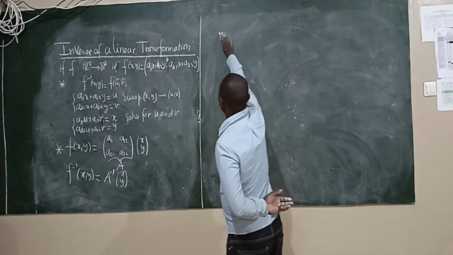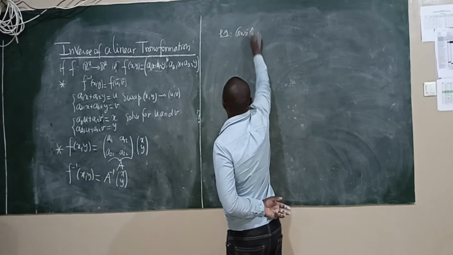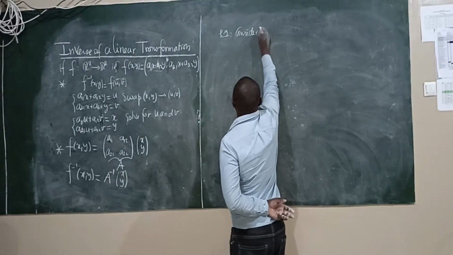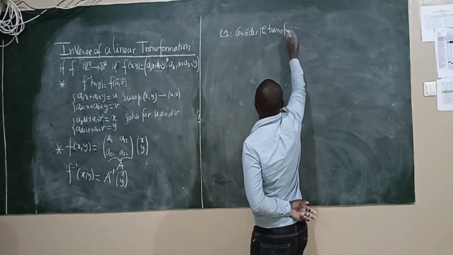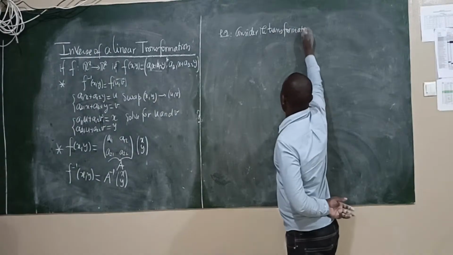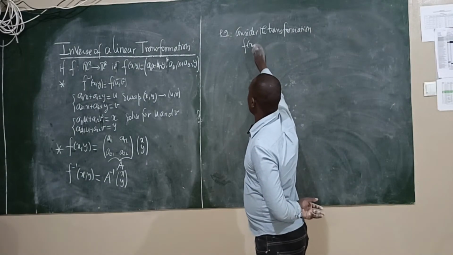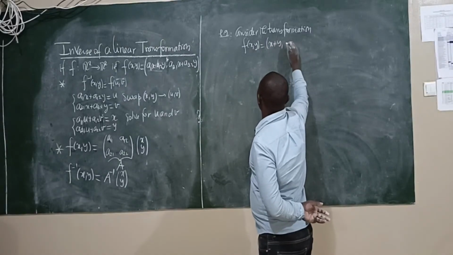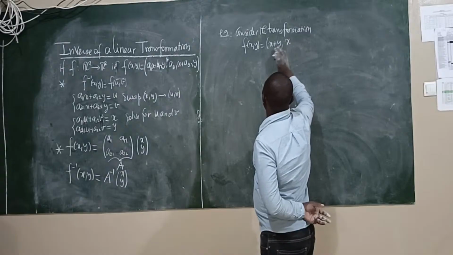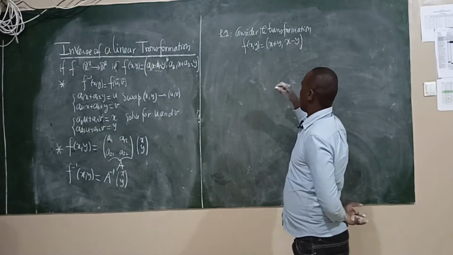Example: consider the transformation f of xy, which is x plus y, comma, x plus y, comma, x minus y.